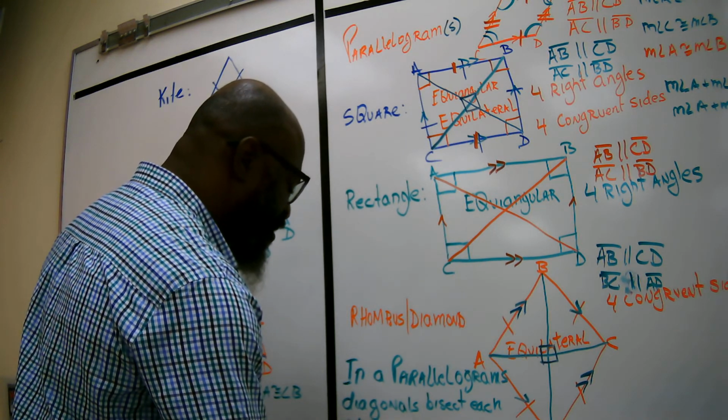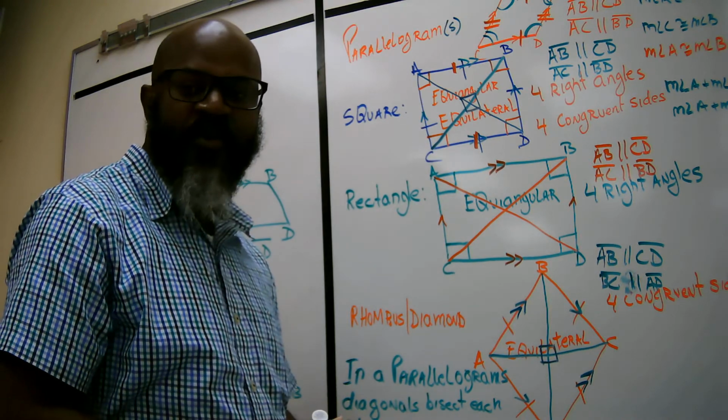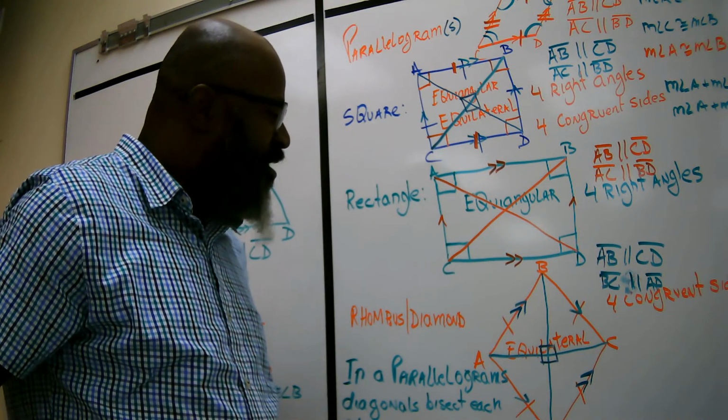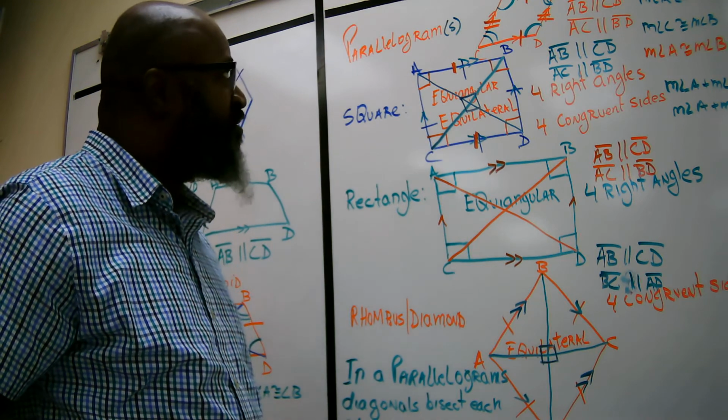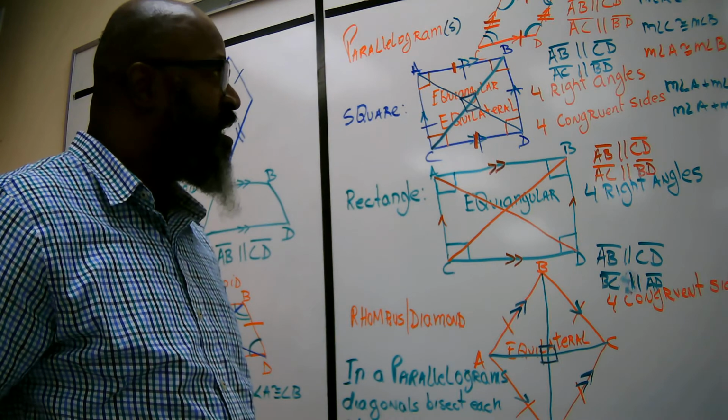Remember what bisect means. Bisect is split into two congruent parts. So those are the main properties you're going to face. Those are your properties of quadrilaterals and properties of parallelograms.